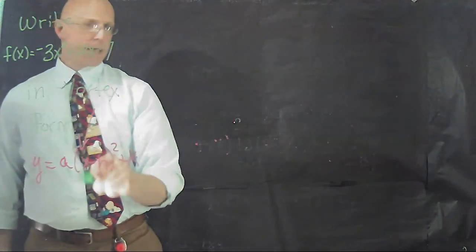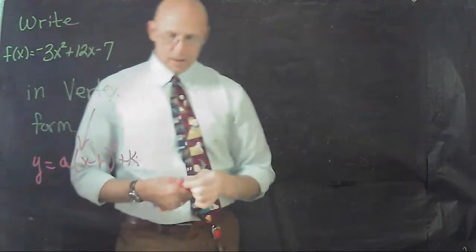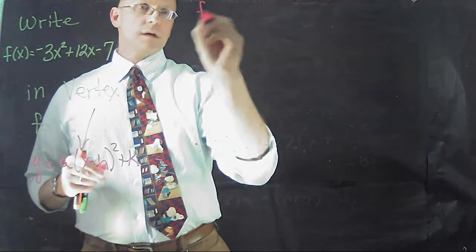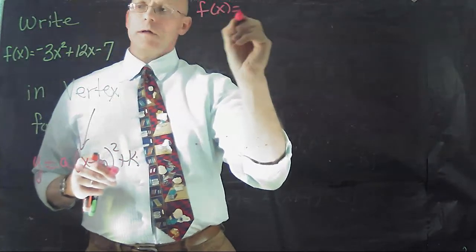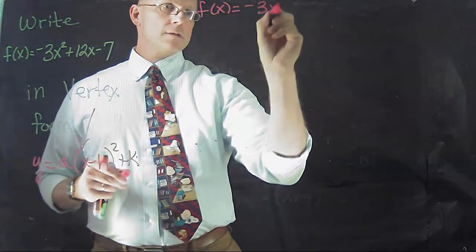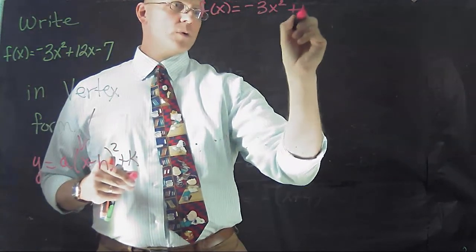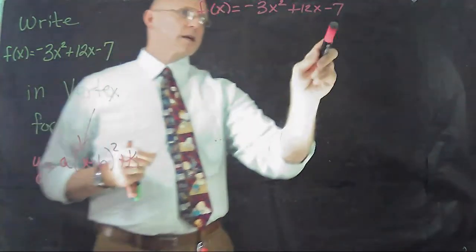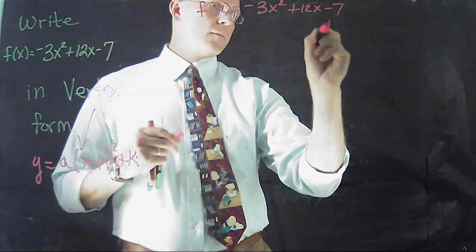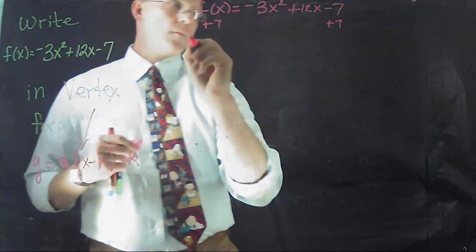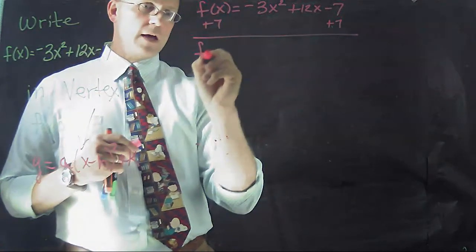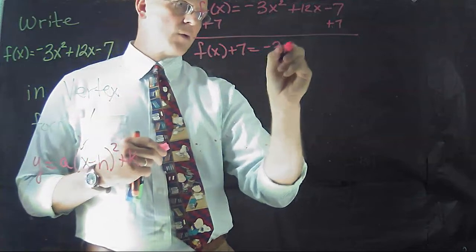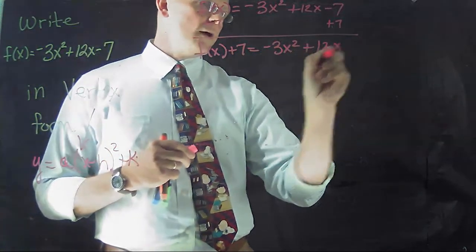I want to put it in vertex form. Okay, so we're just going to go through this. So it's f of x equals -3x squared plus 12x minus 7. So my first step, move the constant to the other side. So I get f of x plus 7 equals -3x squared plus 12x.